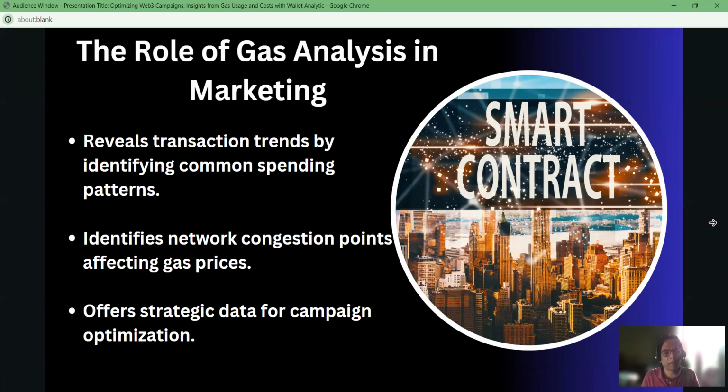So the main purpose of this analytical tool is to understand customer behavior, on which day they are performing more transactions, on which day fewer. That is one category you can analyze.